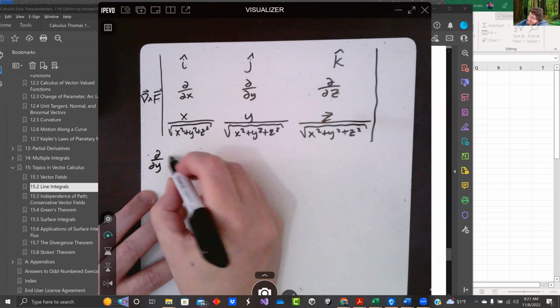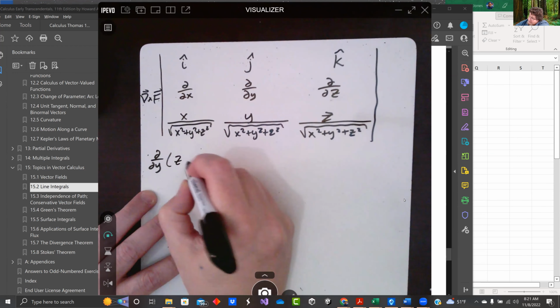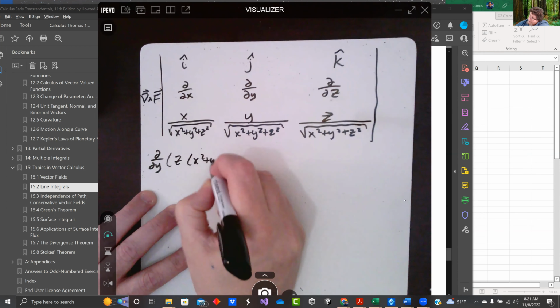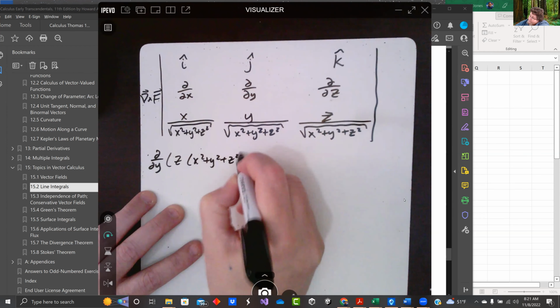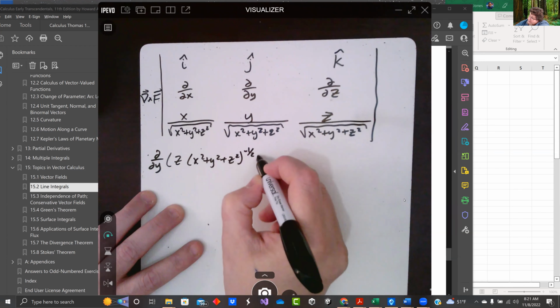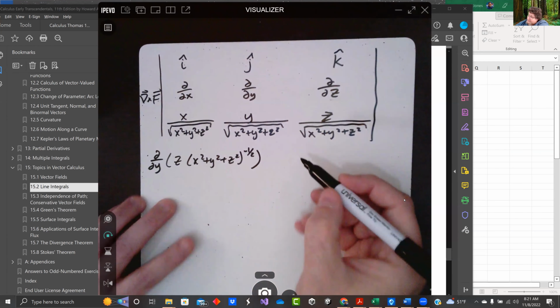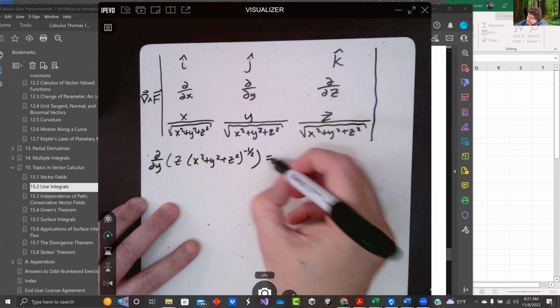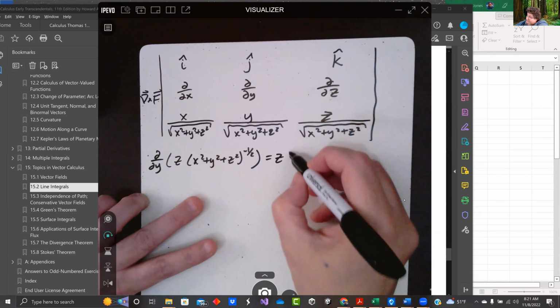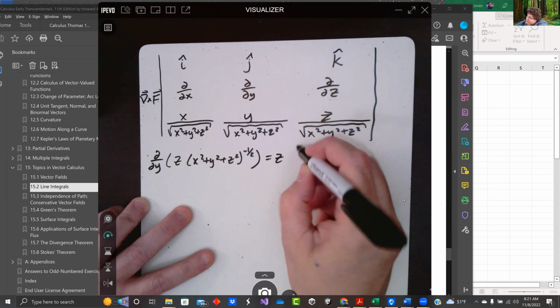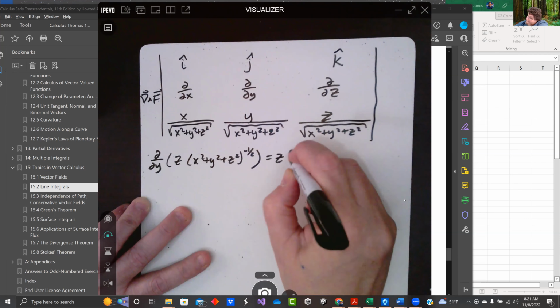d/dy of z times (x squared plus y squared plus z squared) to the -1/2. So the z doesn't matter, so we're going to have z times the derivative of this, which is -1/2.